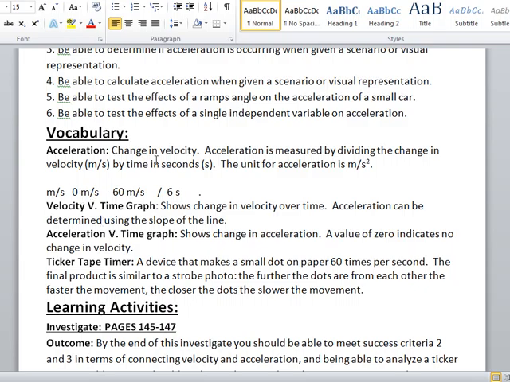So you look at the change in velocity. How much did it change if it went from 0 to 60? We know that it changed by 60 meters per second. Okay, and it did that in 6 seconds. So what we would say is 60 divided by 6 is 10 meters per second each second. So 10 meters per second per second, or meters per second squared.